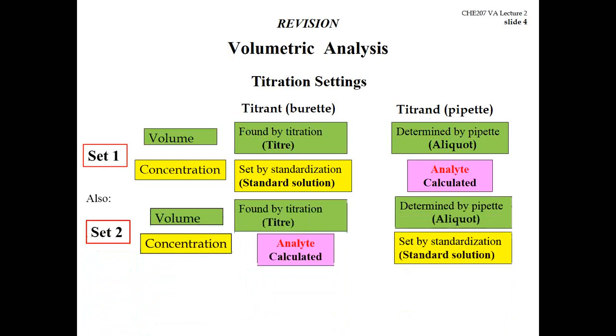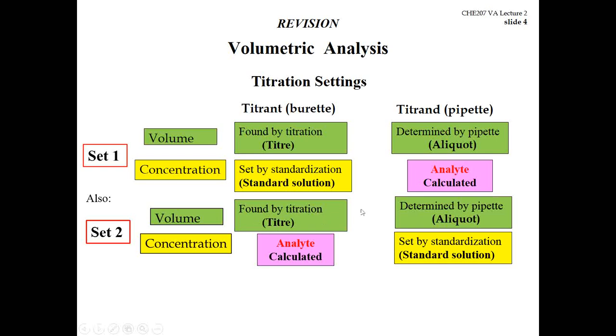The second setting is when we have the analyte in the burette and we have standard in the pipette. So the pipette tells us the volume of the standard, that is the aliquot. At the end of the titration, we can find the volume of the analyte.